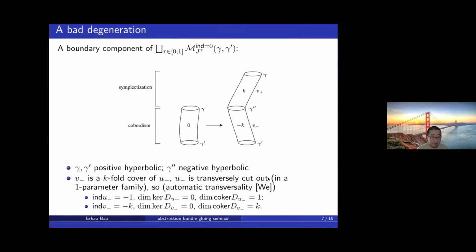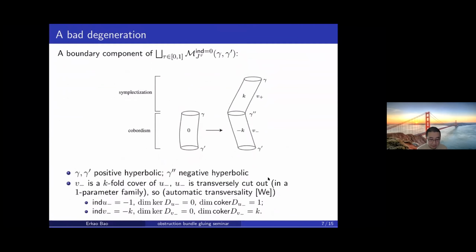One possible degeneration is illustrated in this picture. You look at the index 0 cylinders inside the cobordism from gamma to gamma prime, and it can break into a holomorphic building of level 2. The top part we denote by V plus. It has Fredholm index K for some positive integer K, and the lower one we denote by V minus.